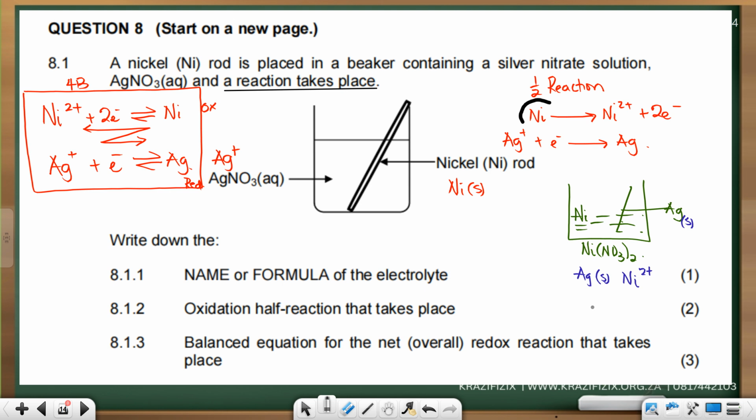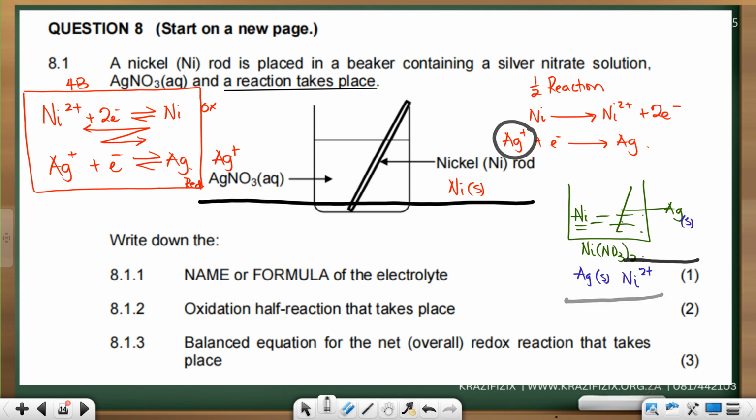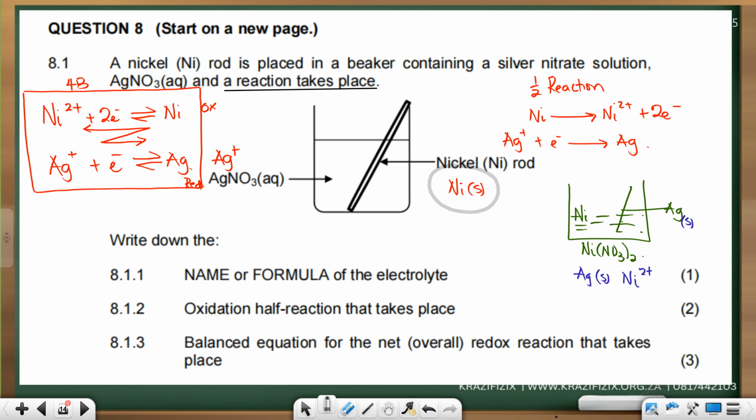For this to be spontaneous, I need nickel solid. But do I have nickel solid here? No. I need silver ions. Do I have silver ions here? No. This is not spontaneous. On the other hand, this one is spontaneous because I have what? Silver ions and nickel what? Solid. So examiners are going to ask you in different ways. You must know how to apply that information.